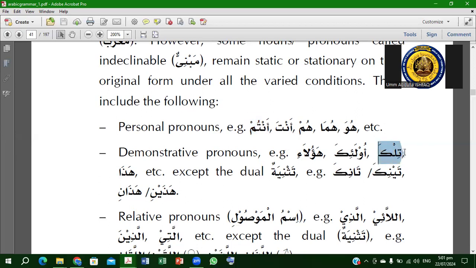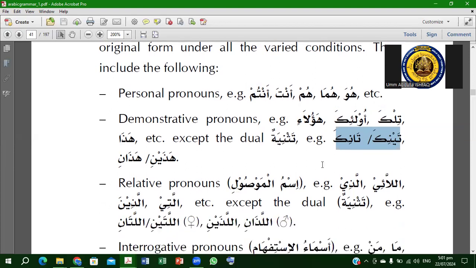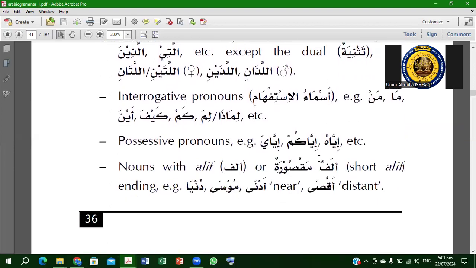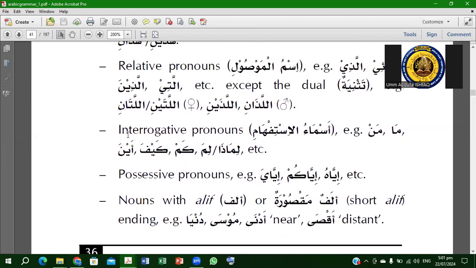In singular, it's always the same. Plural, it's always the same. But in tasniya, in dual, they have tanika or tainika. But you just forget about it because they are never used in the Quran. So our focus is the Quran. Okay, so interrogative pronouns are also non-flexible.